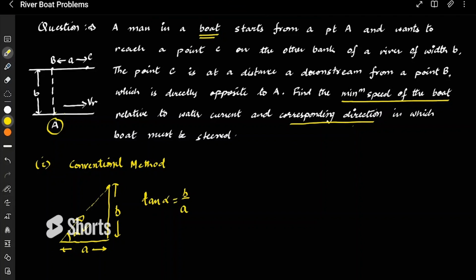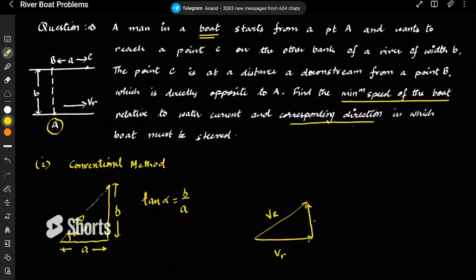So let's say this is the resultant direction and this is the direction of the river. Now the man can steer in this direction, in this direction, in this direction, and you can clearly see that it will be minimum when the man's direction is perpendicular to the resultant direction.